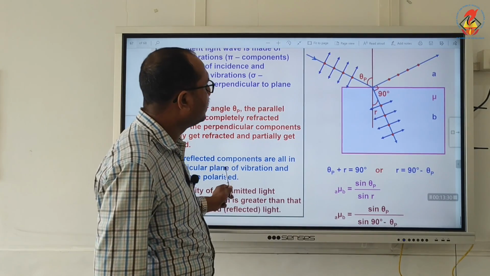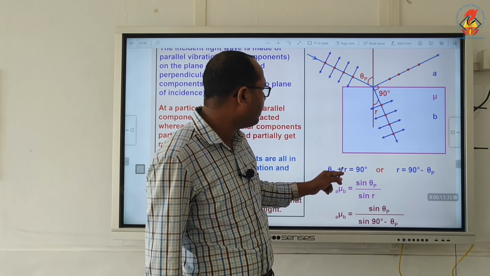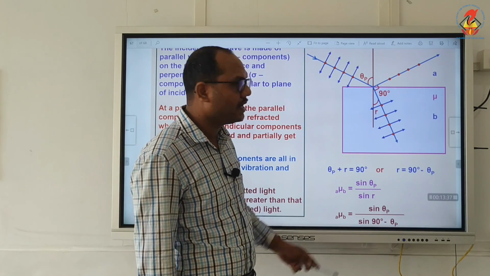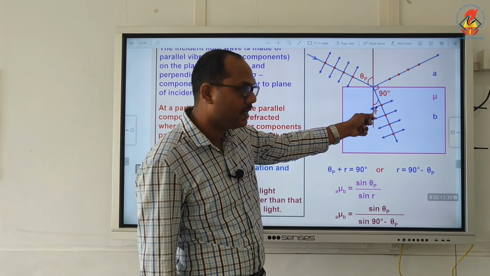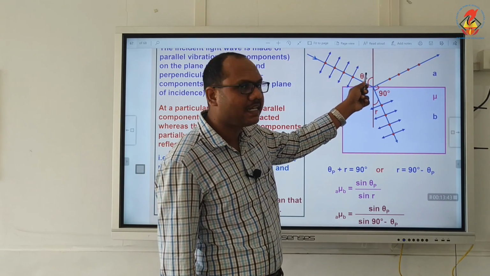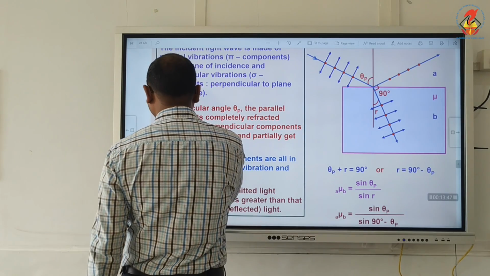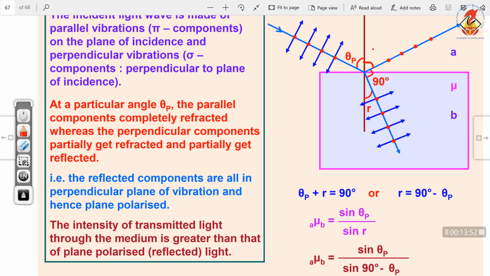Now listen, from that figure, theta p plus r is equal to 90 degrees. r is the angle of refraction. If this is theta p, I can mark this also as theta p. Why?